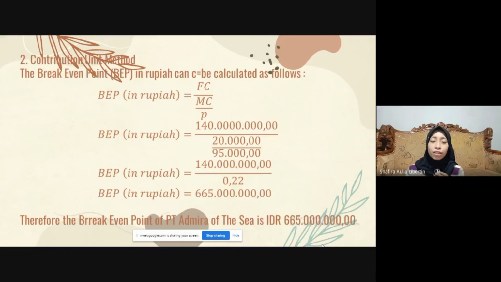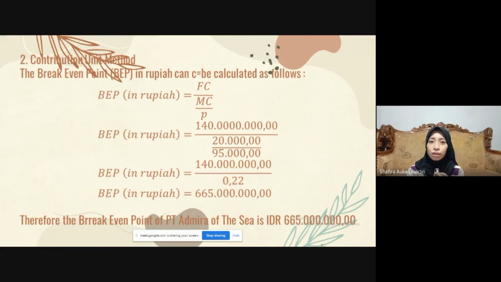Okay, we go to the next method. This is the contribution unit method. The break-even point or BEP in rupiah can be calculated as follows. Sorry, there are typos in the PPT. We use the formula fixed cost over, in the bracket, marginal cost over price in selling.